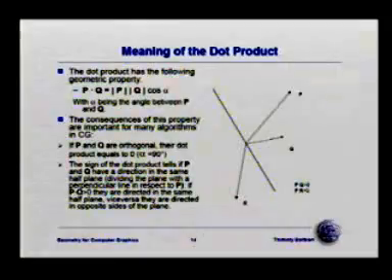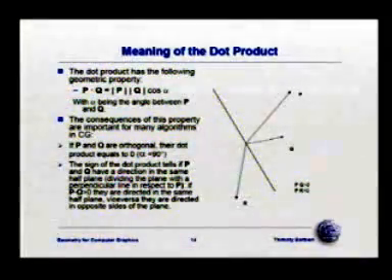This is a geometrical definition. It comes from trigonometry, where alpha is the angle between p and q.